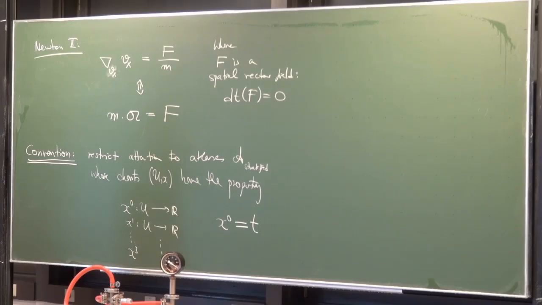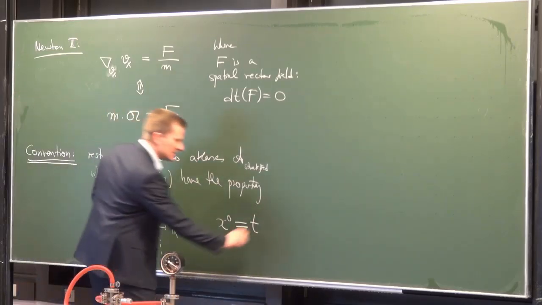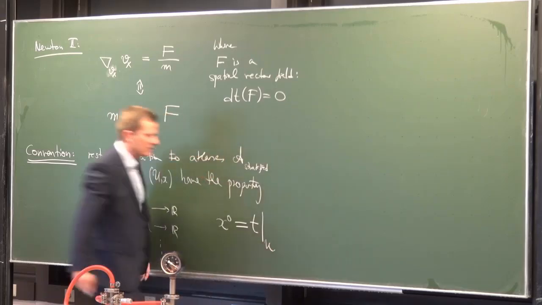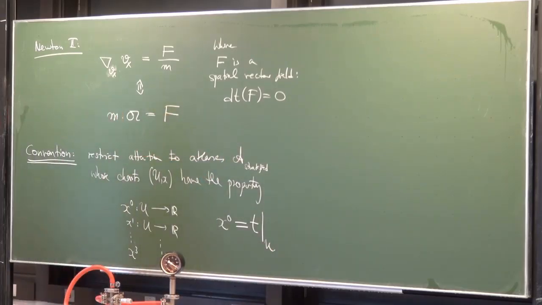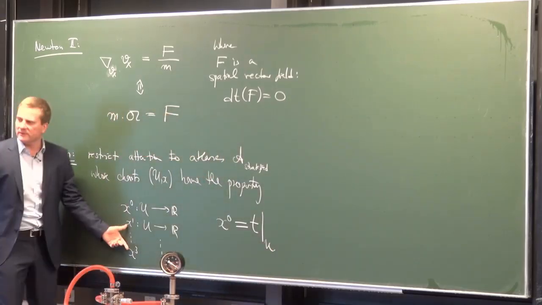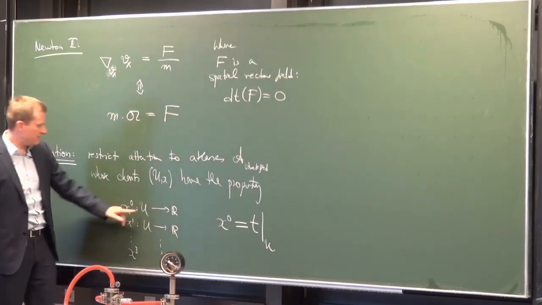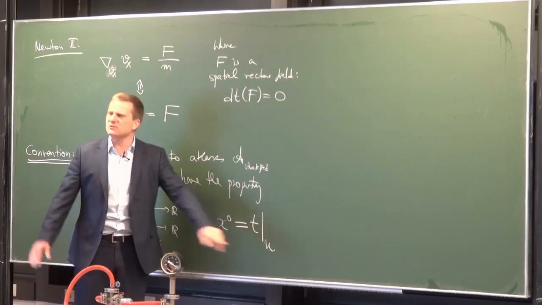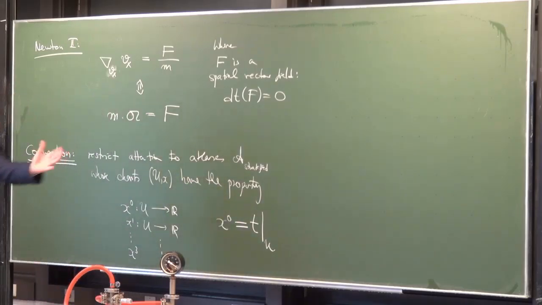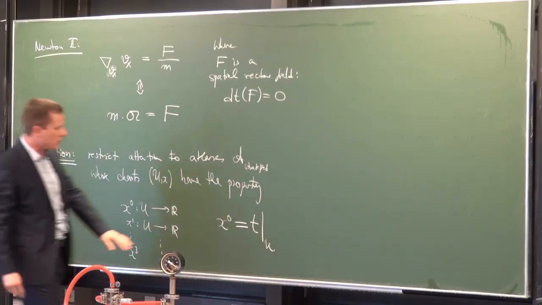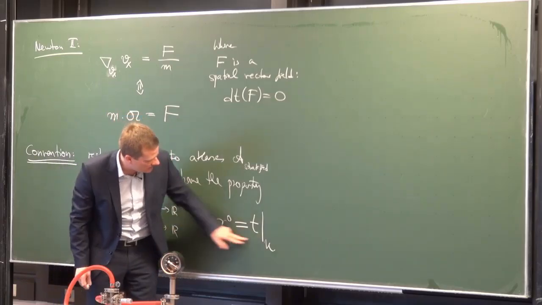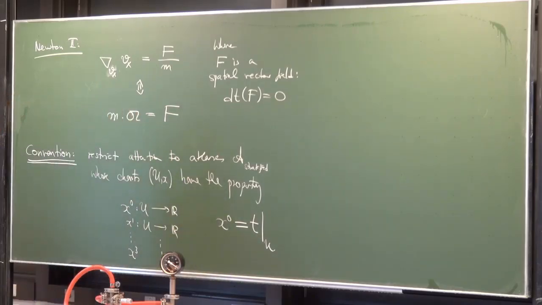Why can you do this? Well, the absolute time function is defined on all of M, so you can always take the restriction to a chart domain U, because the other coordinates might not be defined on all of them. But so the x0, which is defined on U, is just the absolute time function that exists everywhere globally by axiom, by Newton's talk. Let's do that.